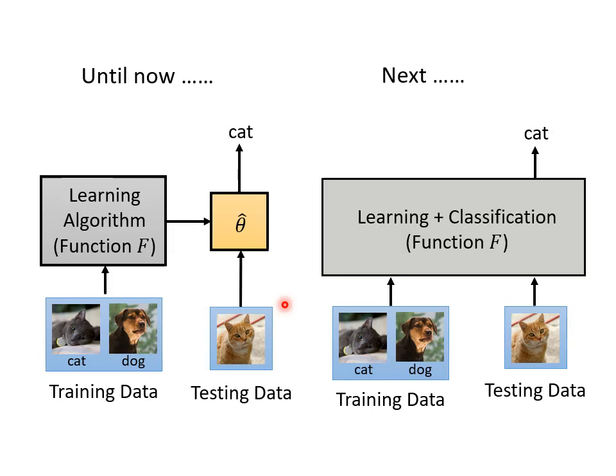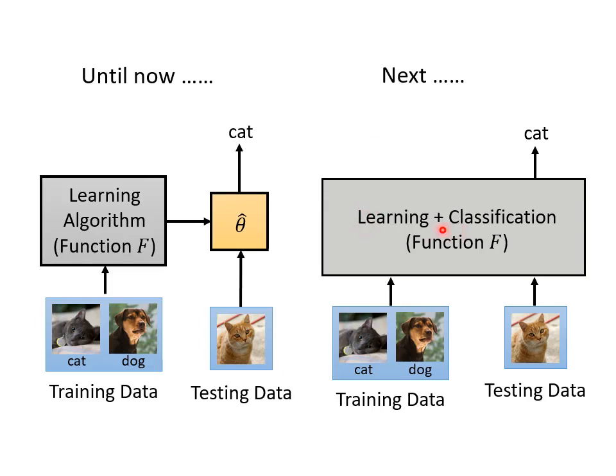Until now, we consider the learning algorithm as a function. This function takes training examples as input and outputs the parameter. And these parameters take the testing data as input and obtain the classification result. This is what we have considered until now. But actually, it is possible to consider learning and classification as a whole.